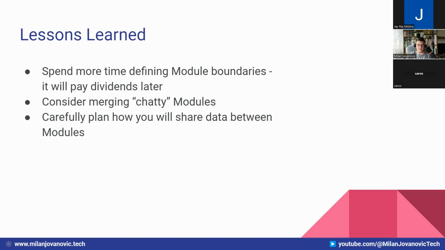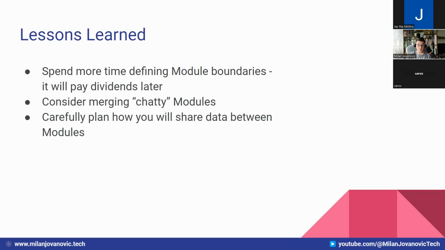When something happens in one of the modules, you can raise an event. This can be an in-memory event or a message to the message broker. Then your other modules can subscribe to this event and synchronize the data that is required, that was the state change that triggered this event.